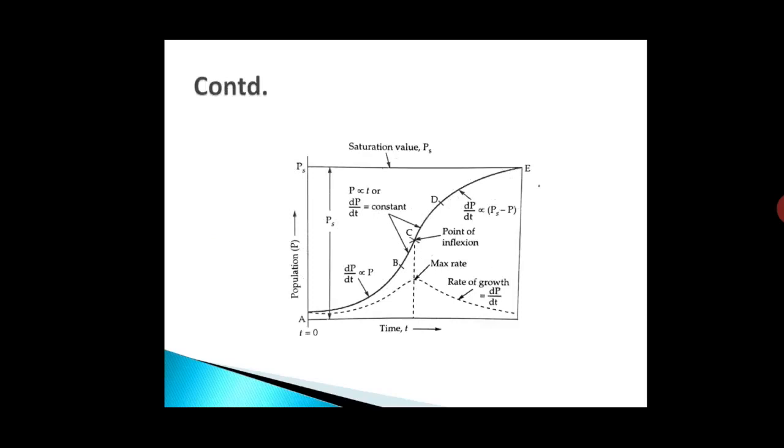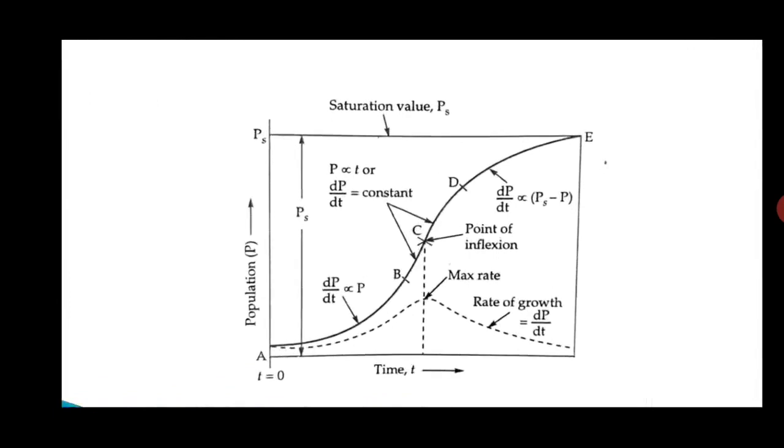So, see here, this is a curve showing the population on the y axis and time on the x axis. Here you can see this portion AB is showing the early growth at an increasing rate, and here the rate of growth is proportional to population.